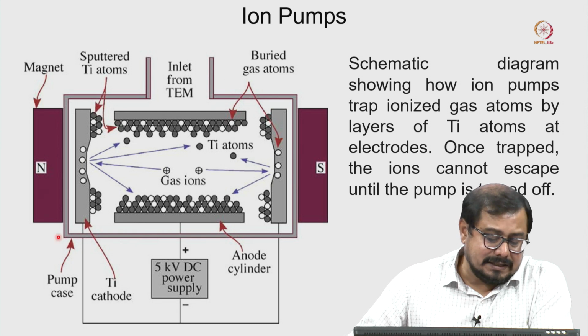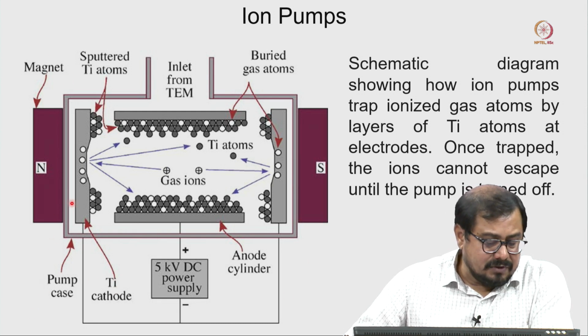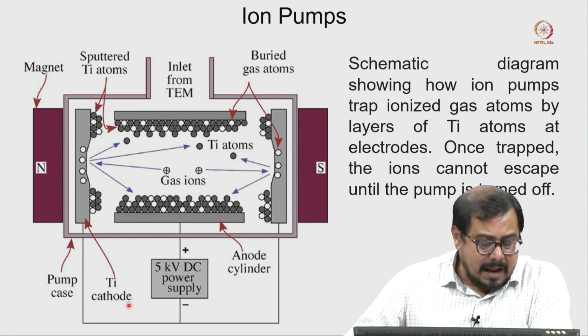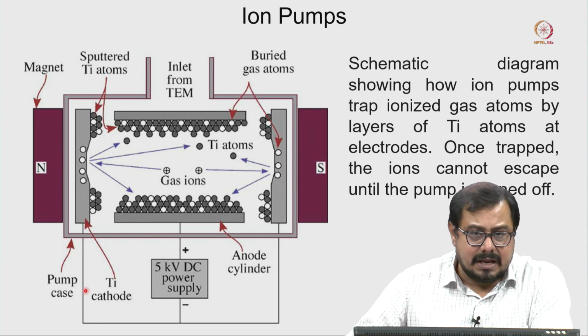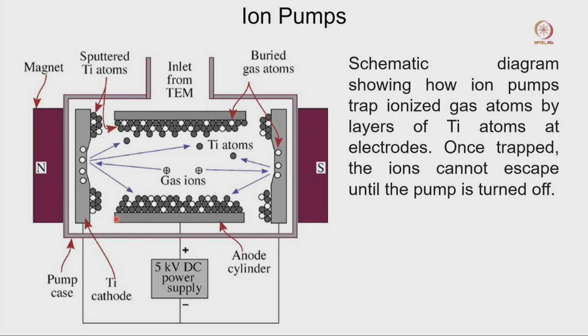Now look at this, this is the overall architecture of the ion pump. This is the casing of the ion pump, and the pump is made with titanium. There is a cathode and an anode cylinder. You can see this is the anode cylinder and this is the cathode, which is made of titanium.